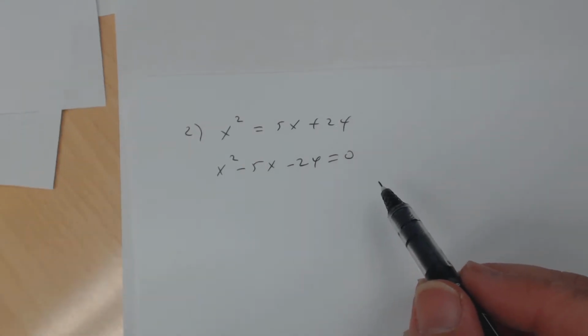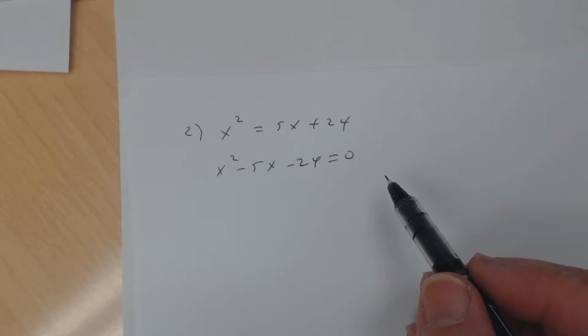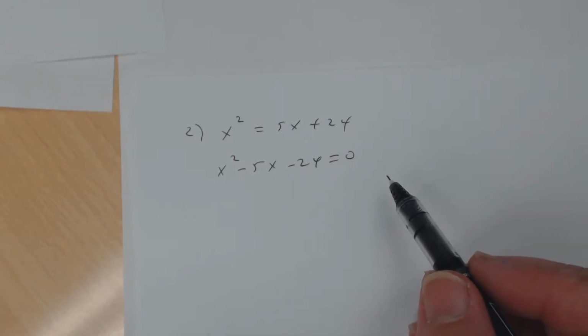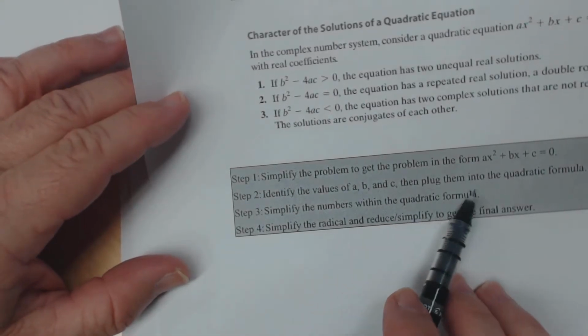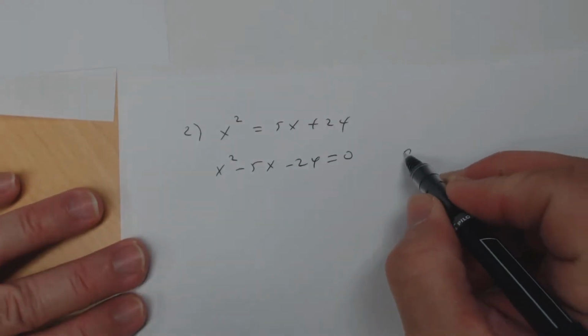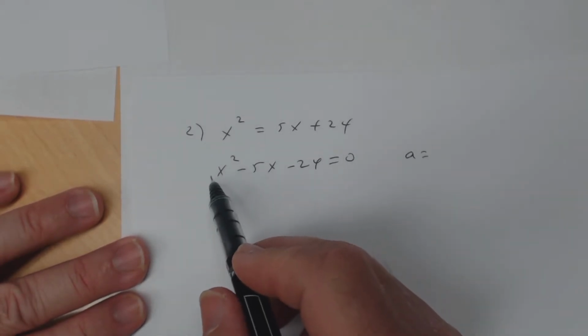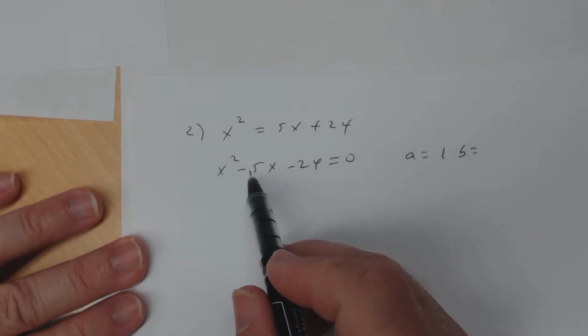All right, so once you put it in standard form, remember the second step is to determine a, b, and c, and then plug it back into the quadratic formula. So a in this case is the coefficient of x squared, so that's 1. b is the coefficient of x, so that's negative 5, not 5, negative 5.